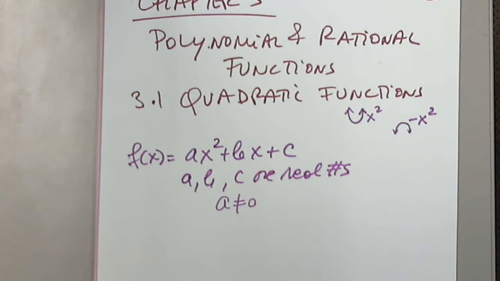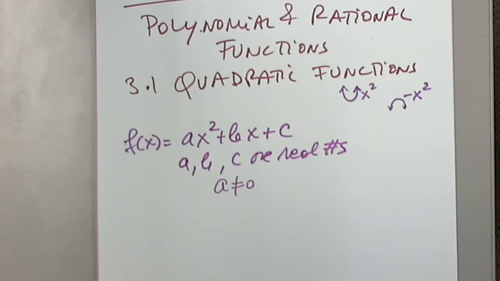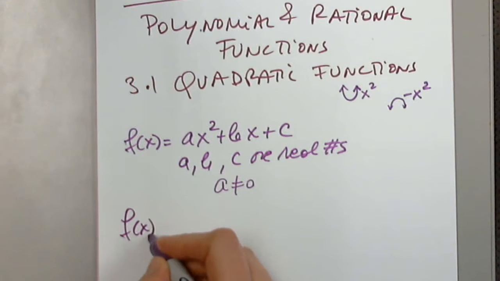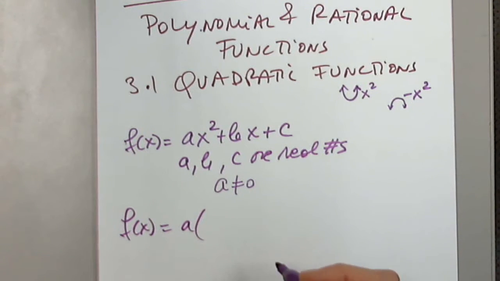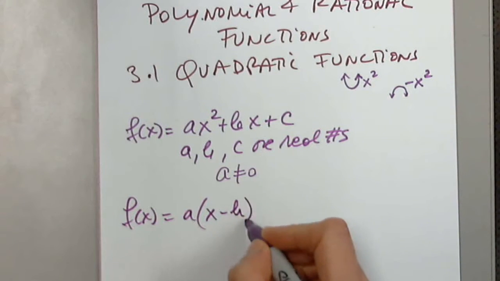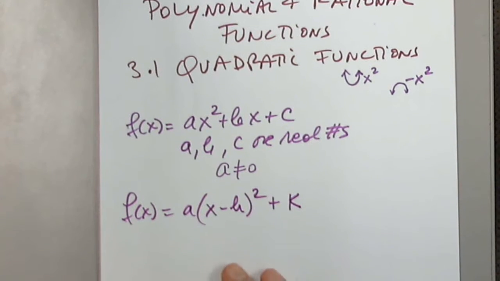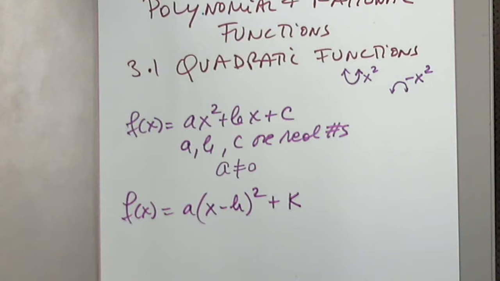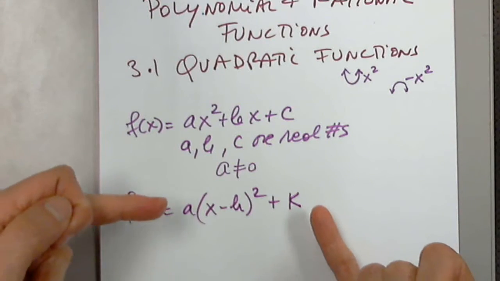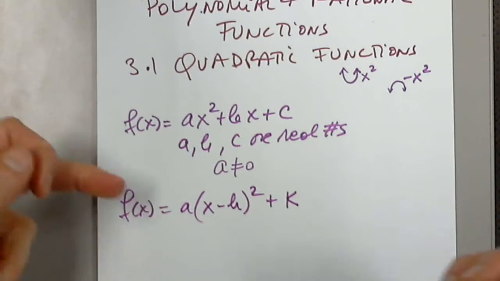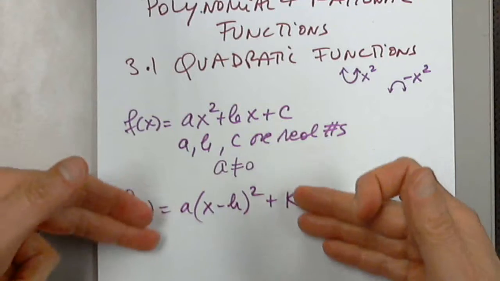Here is another form in which the quadratic function can be given to us. Yes, we like h and k, but they have a totally different meaning here. We're not talking about a circle, but we like to use h and k. So can anyone tell us what is the difference between these two?